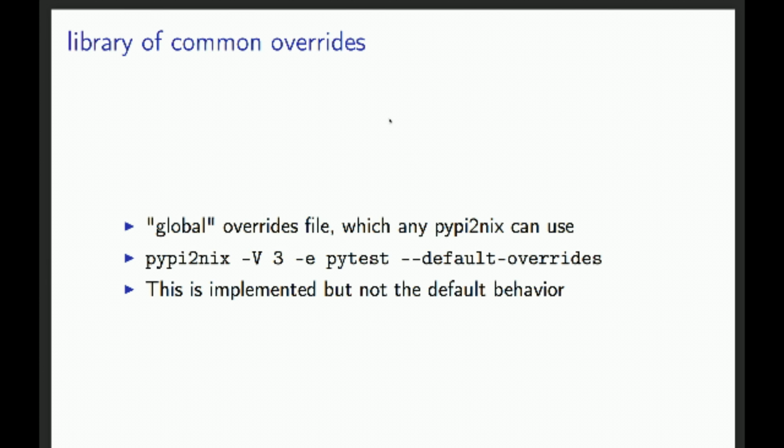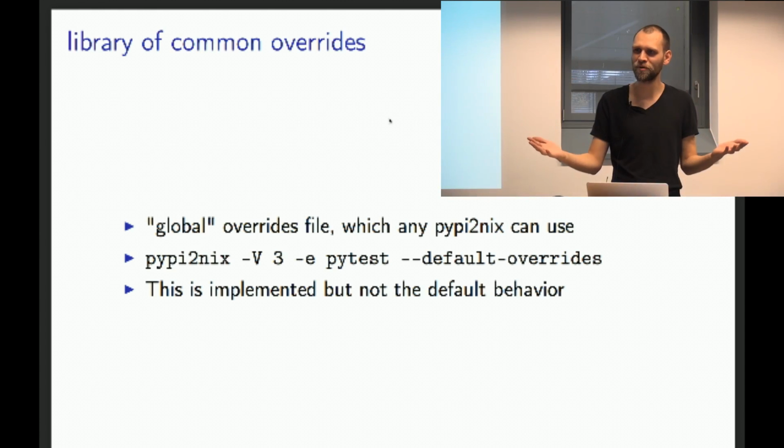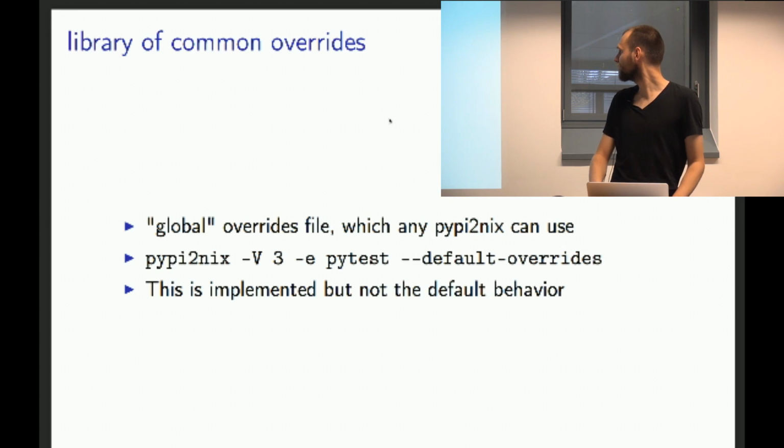It's a library of common overrides. That means there are already predefined overrides that you can use, and pypi2nix offers a --default-overrides flag that automatically pulls the overrides from nixpkgs-python into your Nix expression.